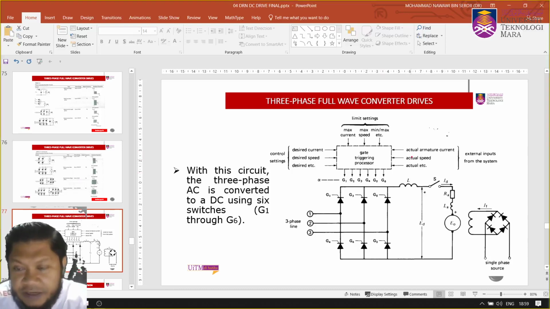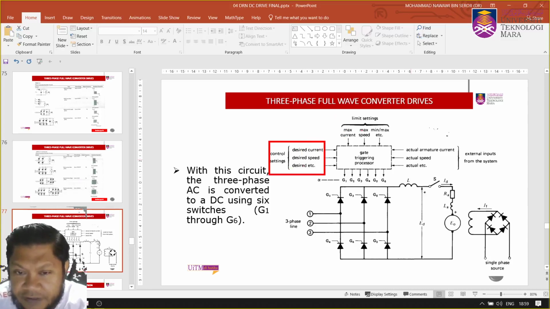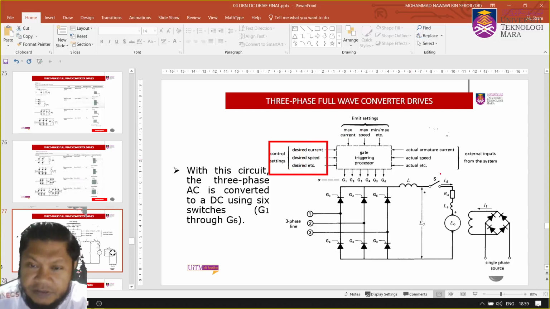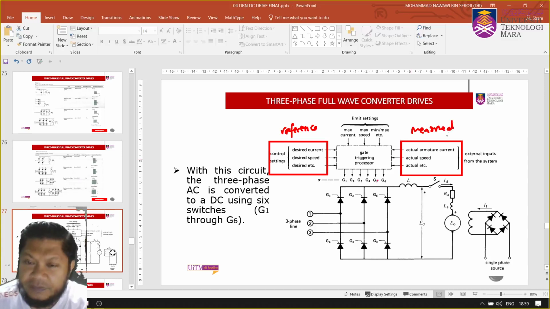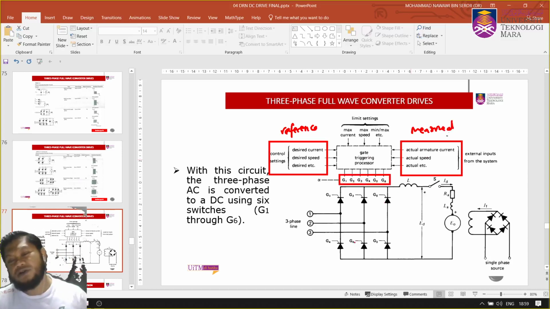This is the reference maximum with desired current. Okay, this is your reference parameter. This is a measured parameter. And that gives the firing angle for all your thyristors here.